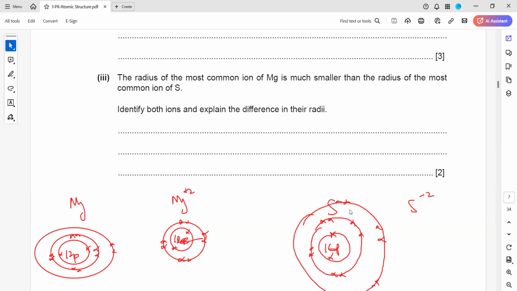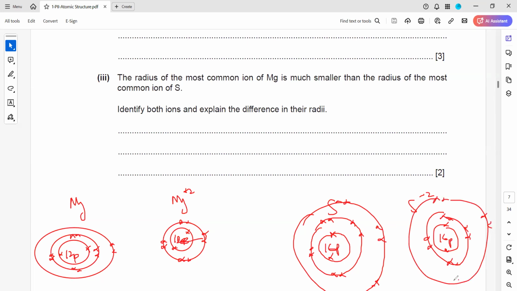When a sulfur atom turns into a sulfur ion, the same 16 protons now have to attract more, because it is gaining electrons. They have to attract 18 electrons now in total. It is an ion now, so it has more electrons than protons. Here 16 protons are pulling 18 electrons. Here 12 protons are pulling 10 electrons.